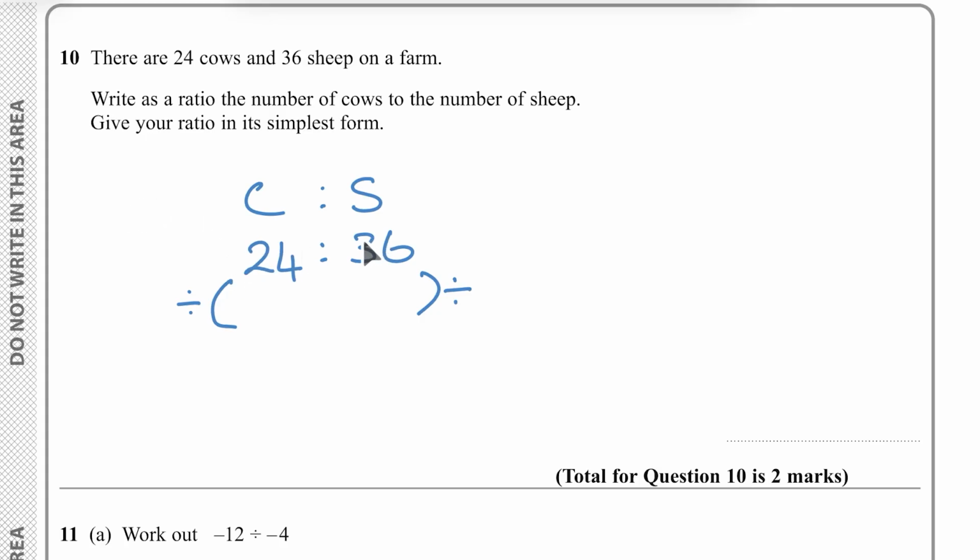The highest common factor of 24 and 36 is 12, isn't it? So if we divide by, let's change my pen colour, we divide by 12, both sides, that's going to give us 2 on this side to 3 on that side. They're both prime numbers, we can't go any smaller, so our answer is 2 to 3.